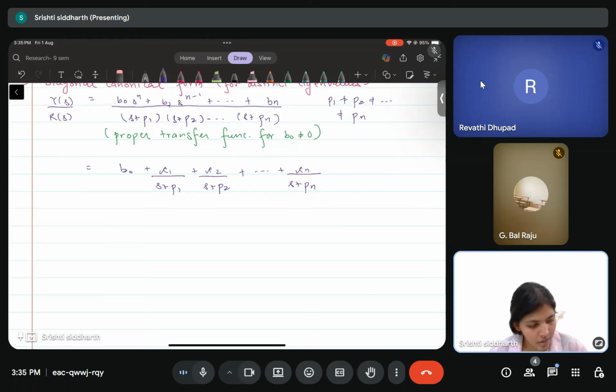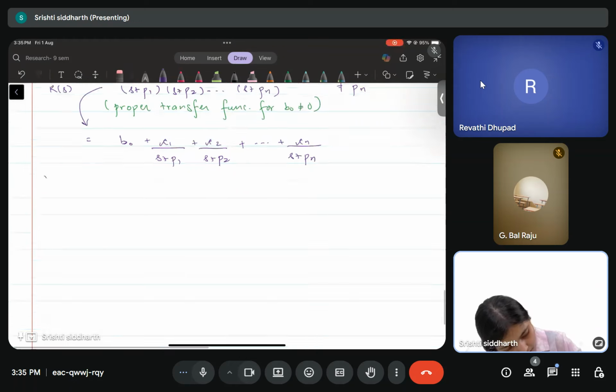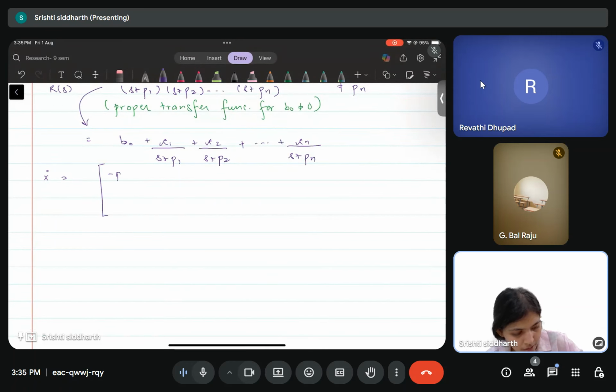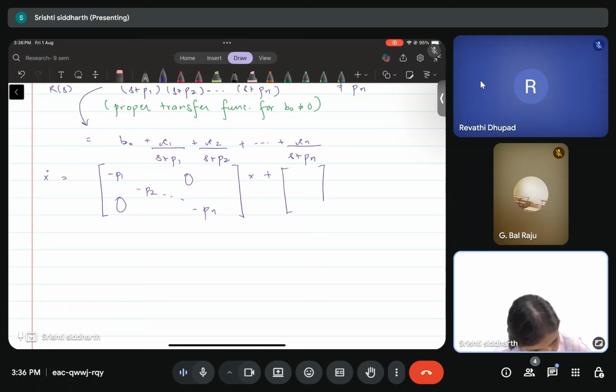So if we rewrite this transfer function in terms of constants c1, c2, cn, then the A matrix that we get is just minus p1, minus p2, minus pn. This is a diagonal matrix. So all the other elements are 0. In this case, the B vector is the vector containing 1 in every row.